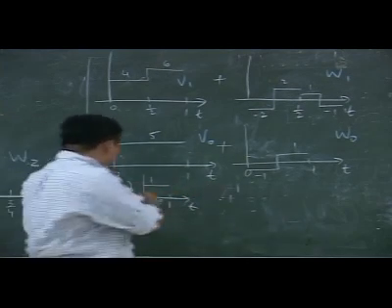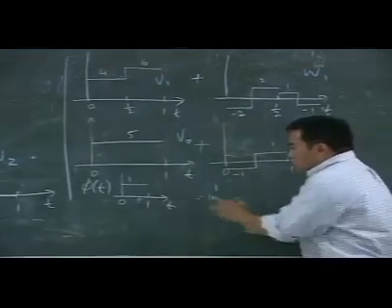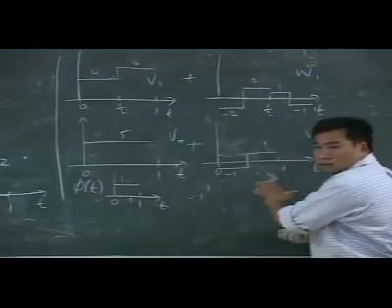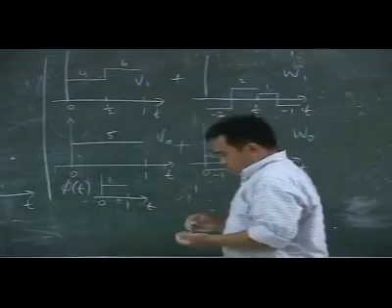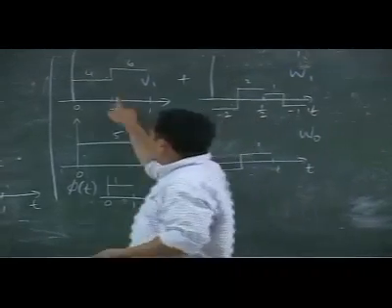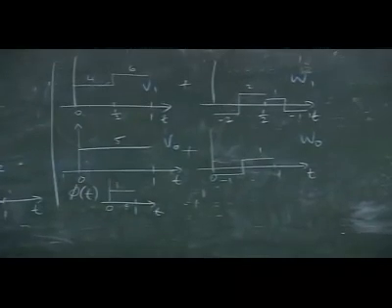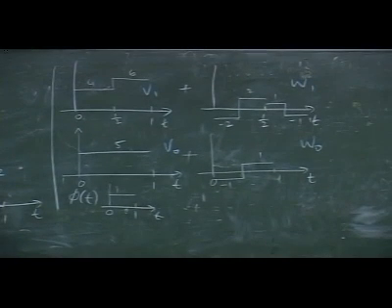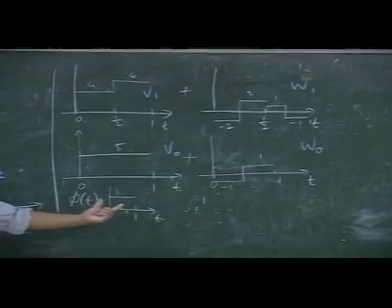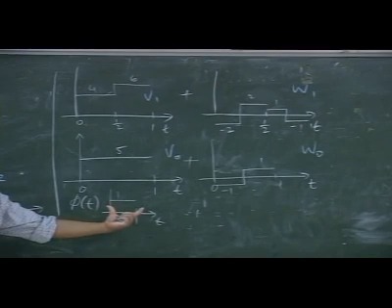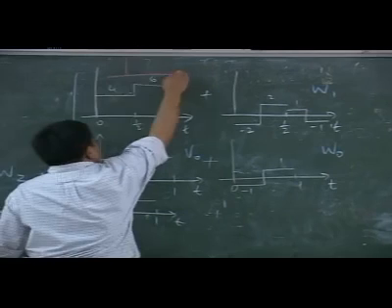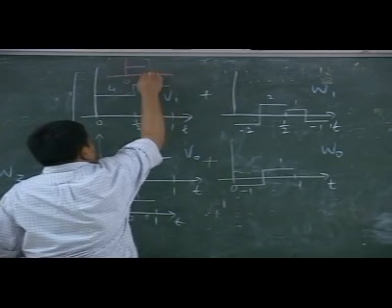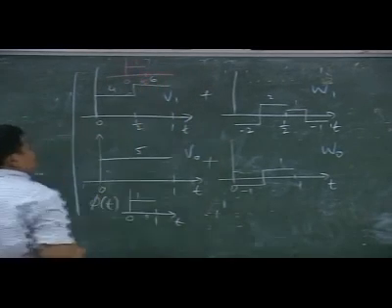If I have phi of t minus 1, it goes from 1 to 2, and so on. Is that clear? How about V1? What's the basis function for V1? Piecewise constant with half interval. It will be exactly like this, but scaled.